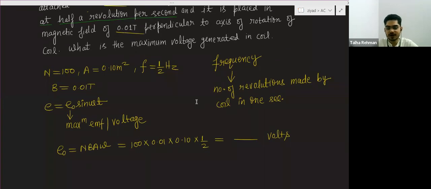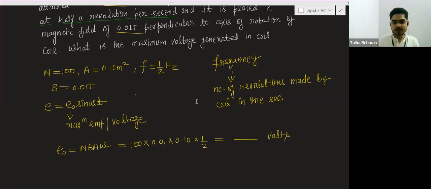If we divide by 100, then we will get the EMF induced for one turn of the coil. Practically, the coil has turns of wire.